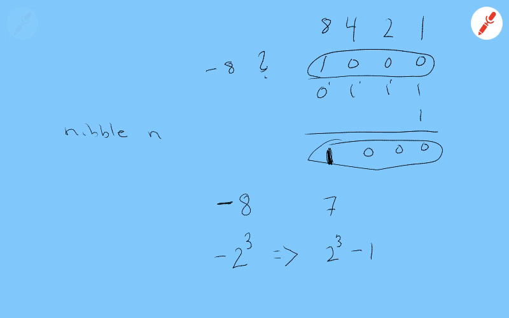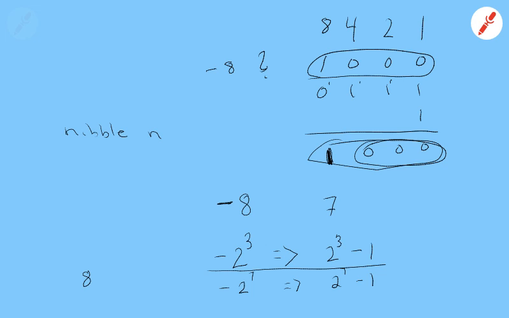So we have 3 data bits in a nibble and 1 sign bit. So suppose we had an 8-bit data type. We would have 7 data bits. -2 to the 7 through 2 to the 7 minus 1. So there's the range of values we can store in a byte.